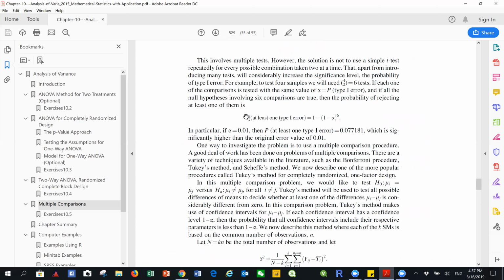If you do the tests separately, the type 1 error will be bigger than you can tolerate. So for each interval, you need to decrease it.